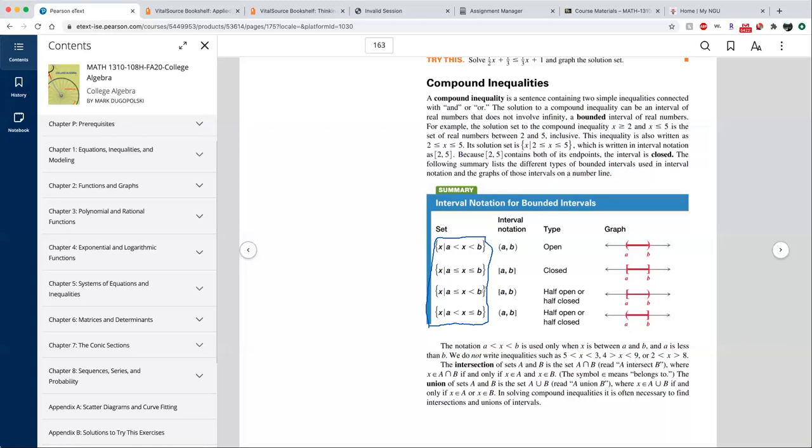The bottom ones mean half open, and the top one means the open interval a comma b.